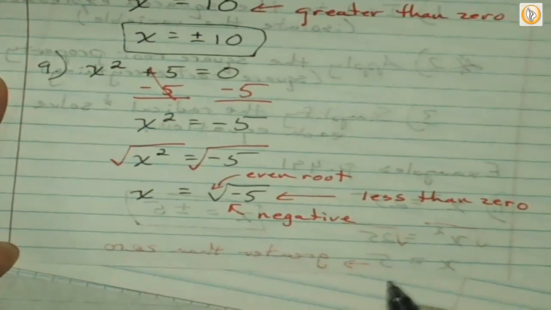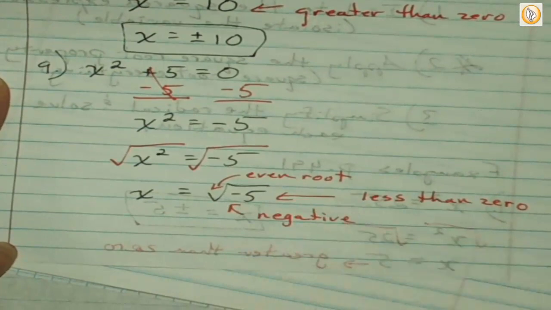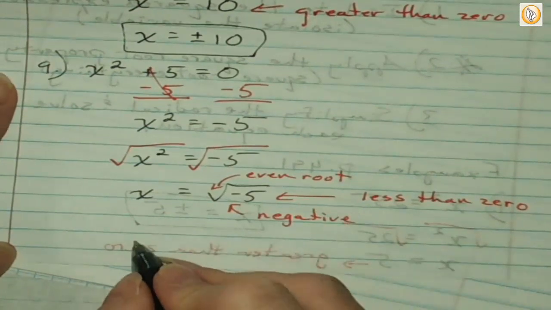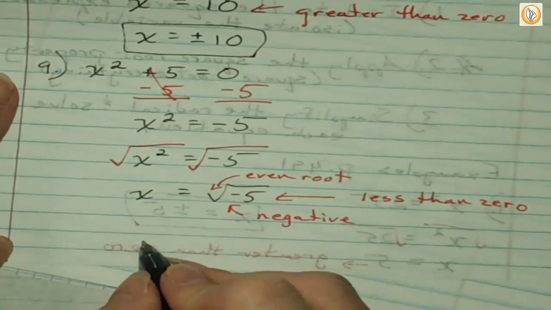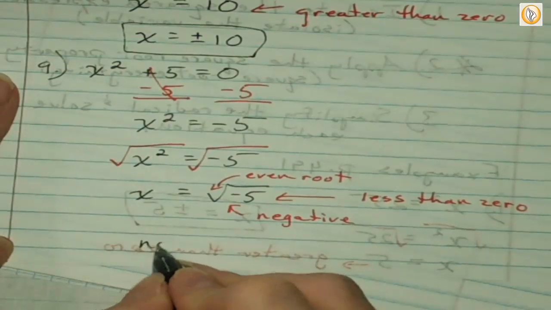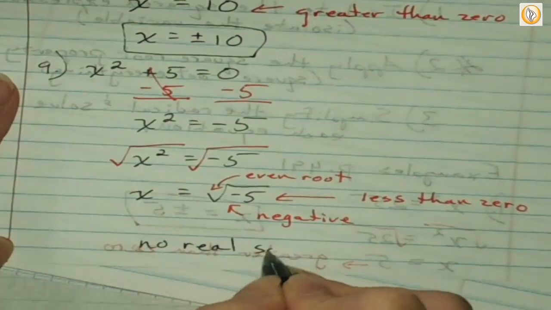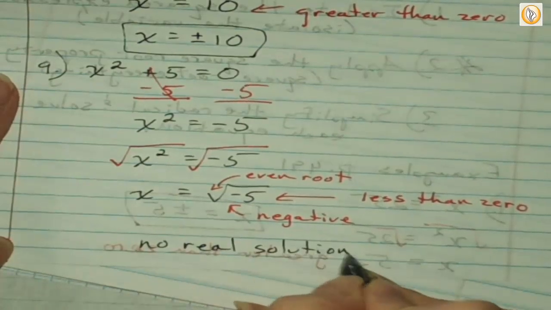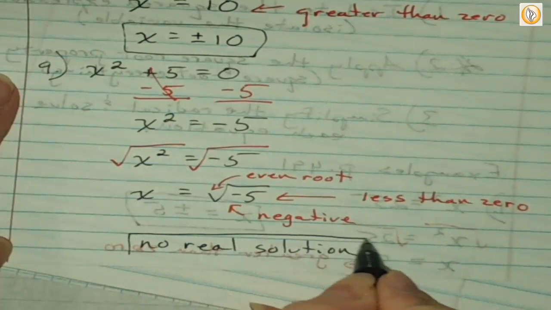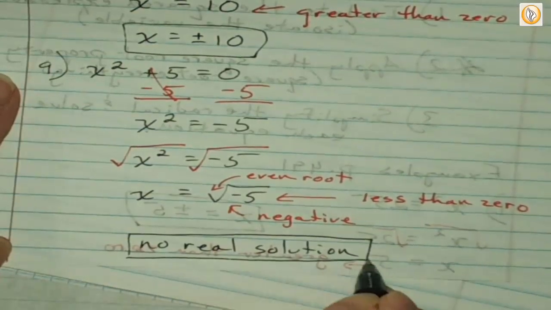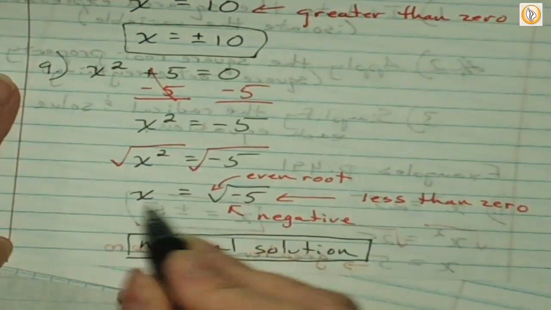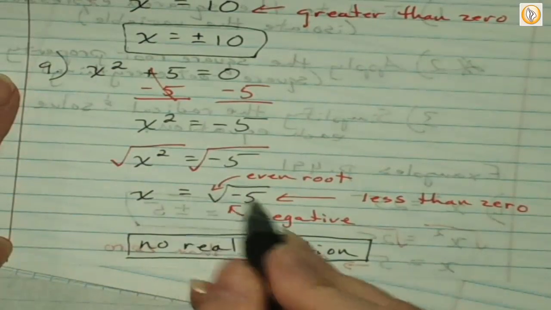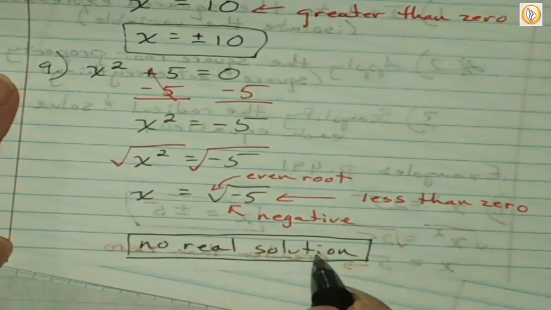It's negative. So there's all kinds of things going on here. So the answer is no real solution. Very good. So anytime it's negative, if the answer right here, x equals, and it's negative, it's no real solution.